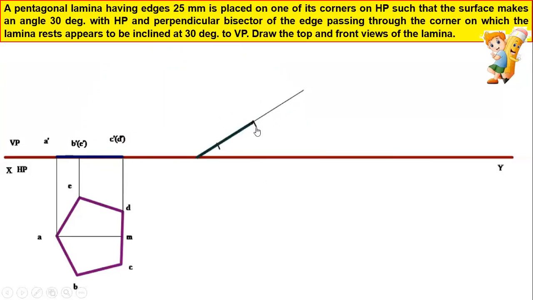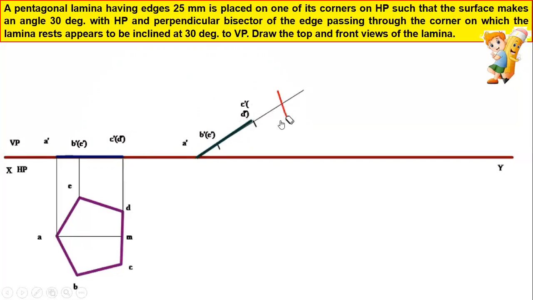Now represent that through the visible line. Name it A dash, B dash in bracket E dash. The last point is C dash in bracket D dash. The same naming has to be written even in the second position.